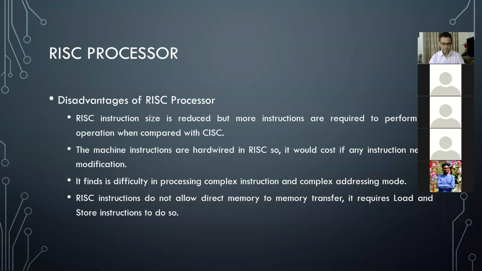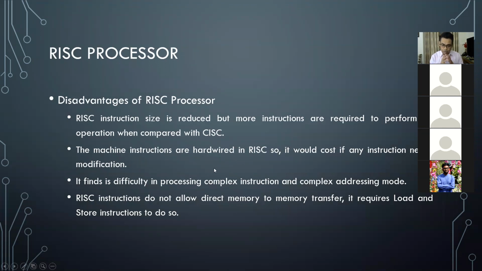Let's see, there are some disadvantages. Not that many, but still we have some. The RISC instruction size is reduced, but more instructions are required. That means previously in the CISC processor, we just needed to execute 1, right? But in the RISC, we need to execute 4. That is the problem. Machine instruction and hardware: as I said, it is hardware in the RISC.